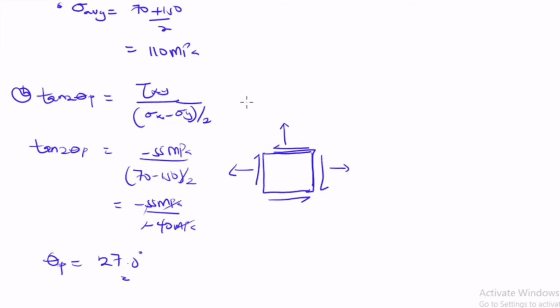The y value was 150 megapascal. The x value was 70 megapascal. We have our shear stress in the x and y direction to be 55 megapascal.